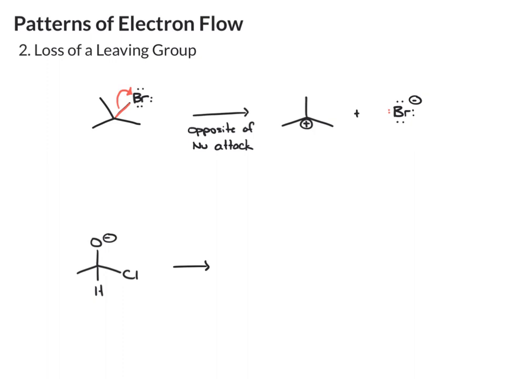And what we can do is push these electrons down to form a pi bond. That puts pressure on this carbon here because it can't have 5 bonds. So at the same time, I'm going to push those electrons away from the carbon and onto the chlorine as a new lone pair.